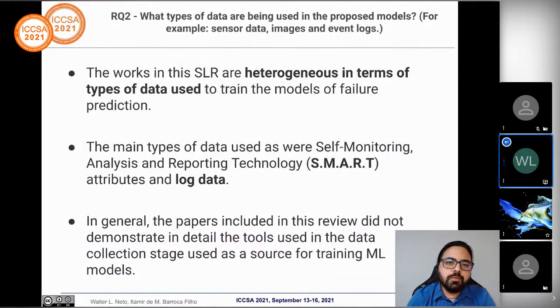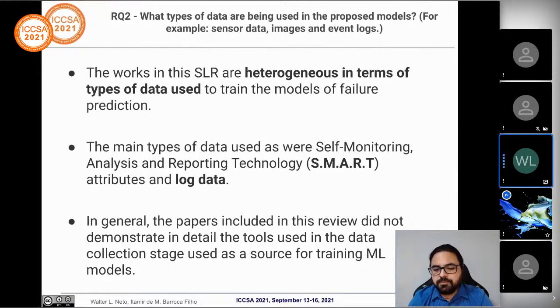About research question 2: what types of data are being used in the proposed models? For example, log data, sensor data. We found that the works in this systematic literature review are really heterogeneous in terms of the types of data used to train the models.